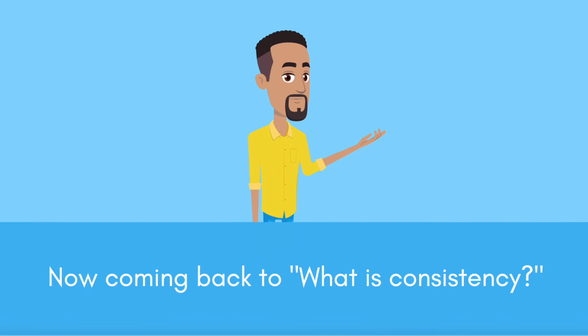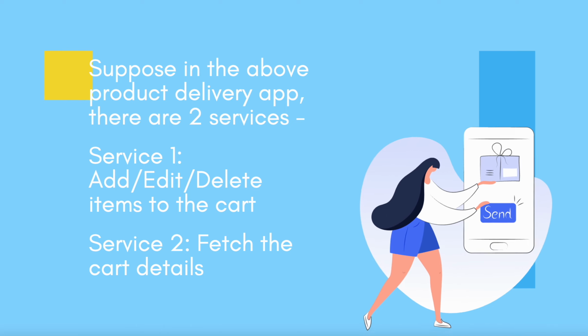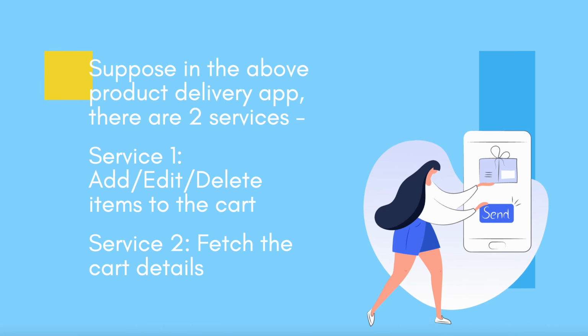Now coming back to what is consistency? Suppose in the above product delivery app, there are two services. Service 1: add/edit/delete items to the cart. Service 2: fetch the cart details.